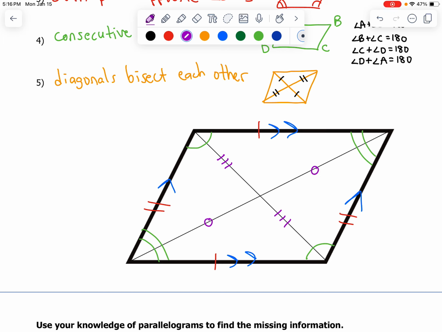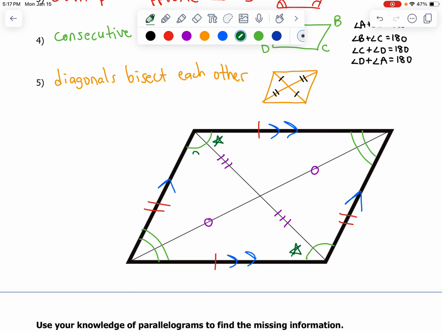You might think that's all, but there's actually more properties if we go back to semester 1 and remember things that we learned with parallel lines. Remember we learned parallel lines have alternate interior angles congruent. For example, this angle is congruent to that angle.